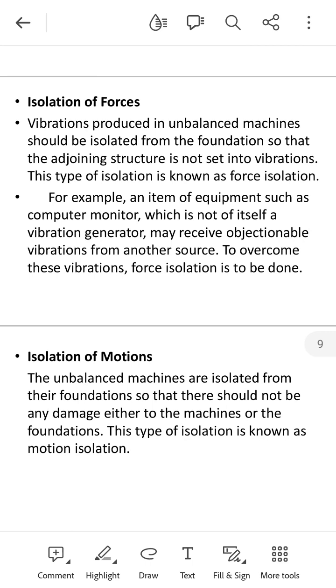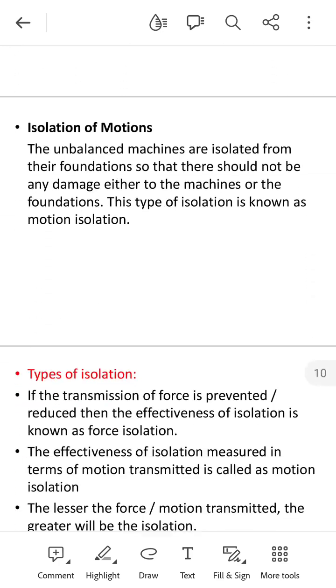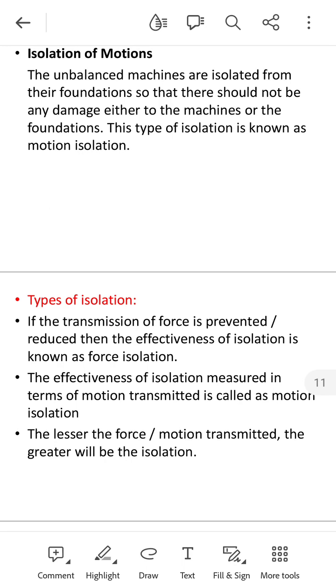Isolation of motion. The unbalanced machines are isolated from their foundations so that there is no damage either to the machines or the foundations. This type of isolation is known as motion isolation. Types of isolation: if the transmission of force is prevented or reduced, then the effectiveness of isolation is known as force isolation.